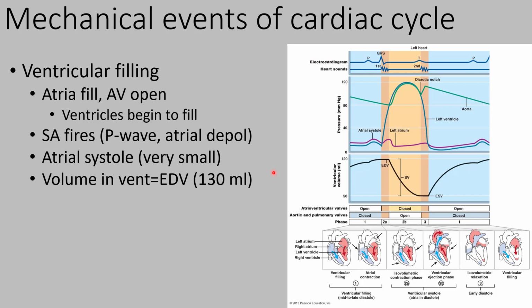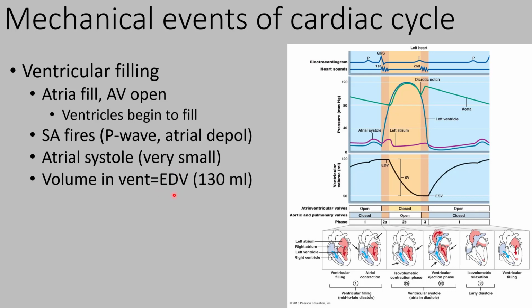The volume of blood in the ventricles right now, when they are at their most relaxed and most full, is called the end diastolic volume, the EDV, which means the volume of blood in the ventricles at the end of diastole.